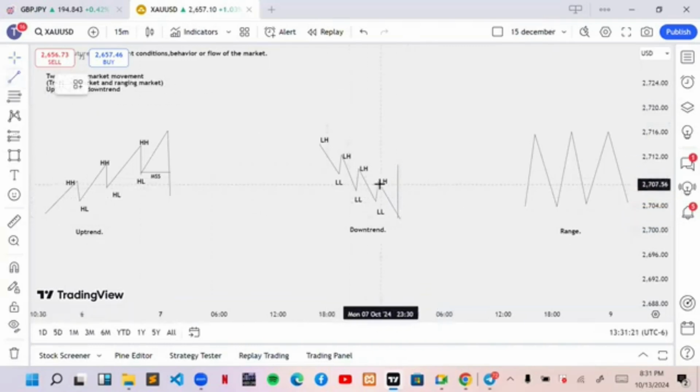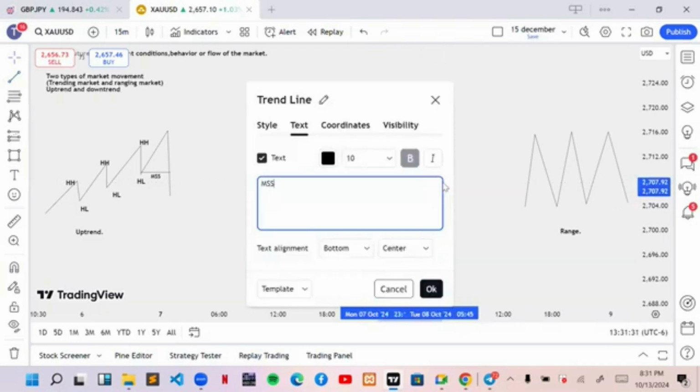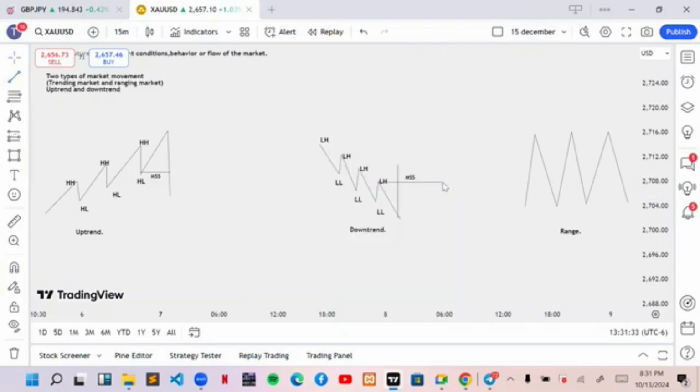So this particular high that got broken, the market could have made a lower high here, but it made a higher high. This is where your market structure shift is. So in this market, this is now where your market structure shift is. So I'll signify that with MSS as well. So, like I said, whenever there's a market structure shift, we're not going to be looking for trades in the opposite direction.